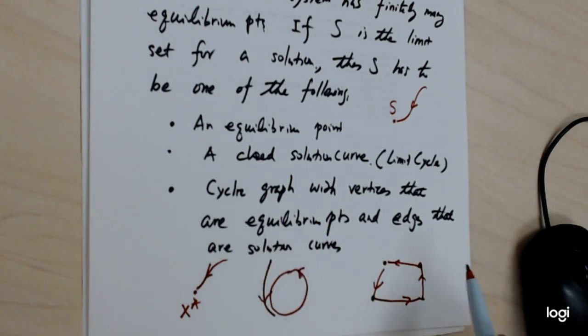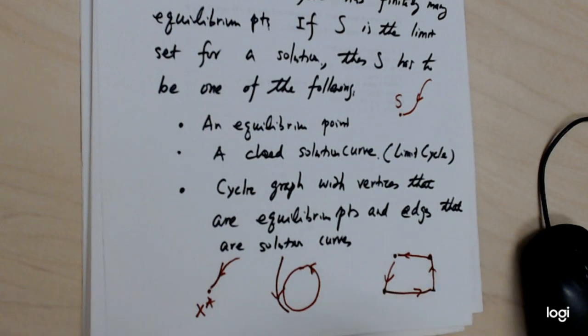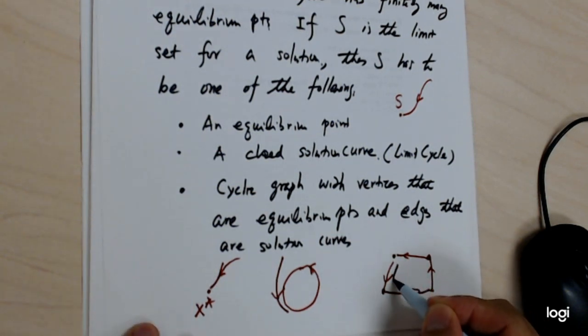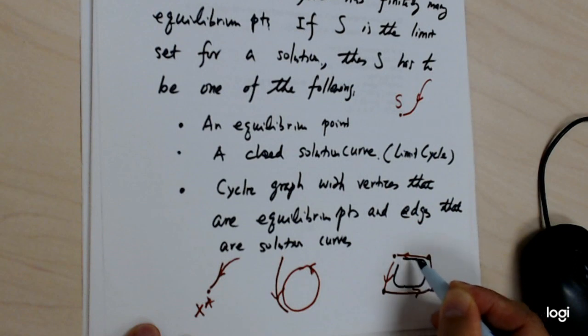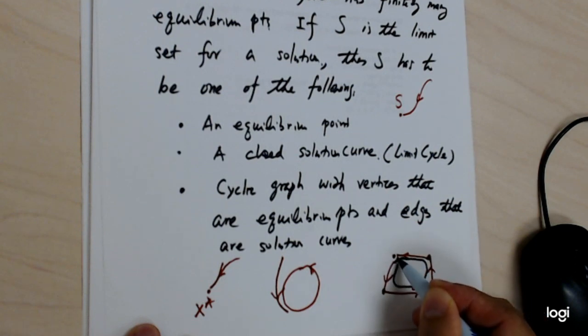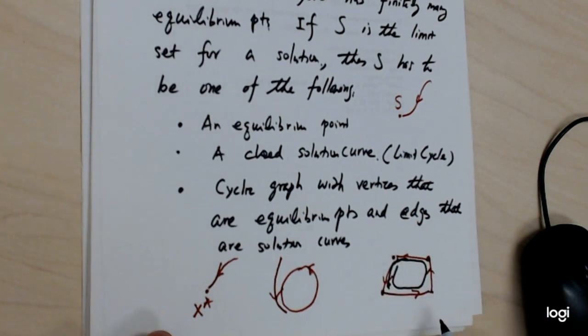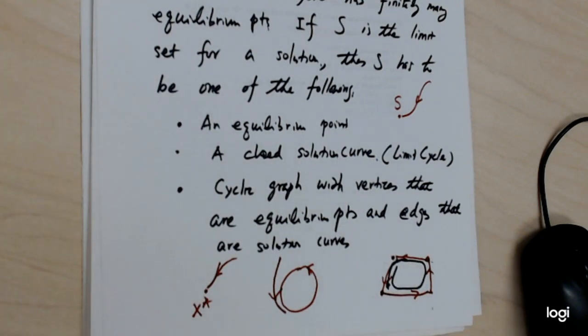Then the limit set of a solution curve could be this what we call cyclic graph. Could be this edge along this part. And notice this is different from a closed solution, because this is not a closed solution. This is a closed solution. These are equilibrium points with different solutions along the edges. So the limit set for this solution curve will be this cyclic graph. And that is the Bendixson alternatives.